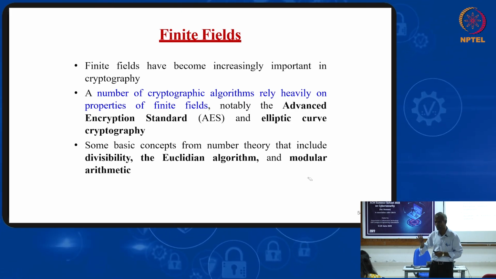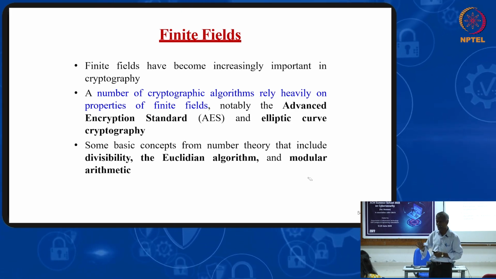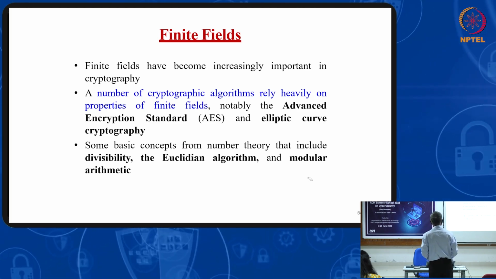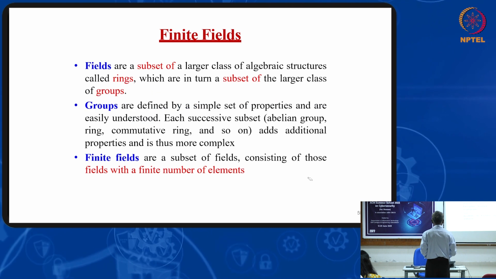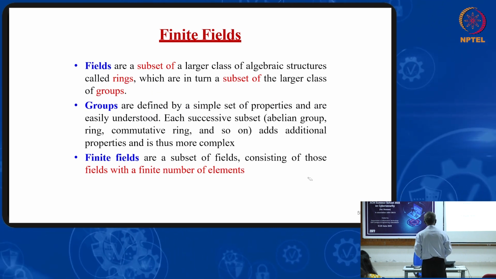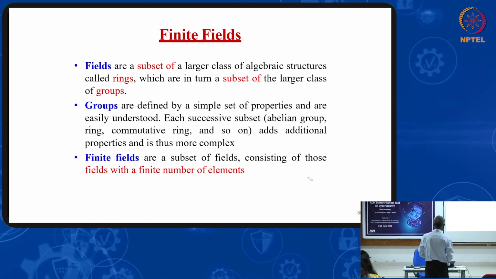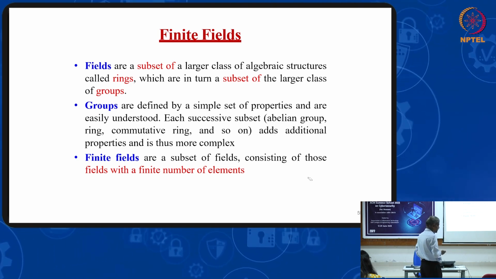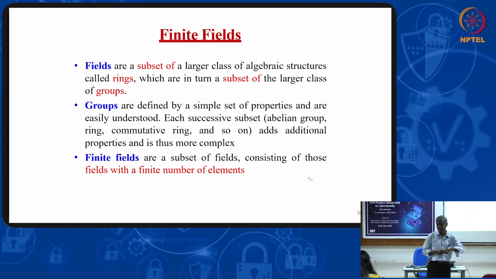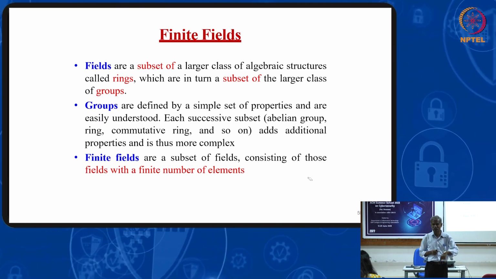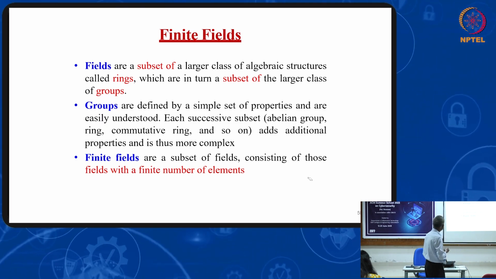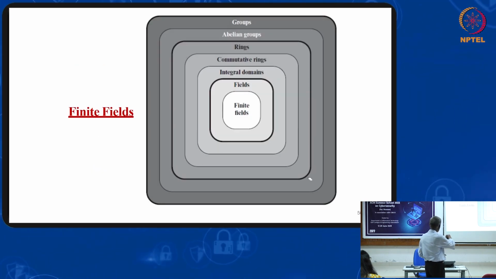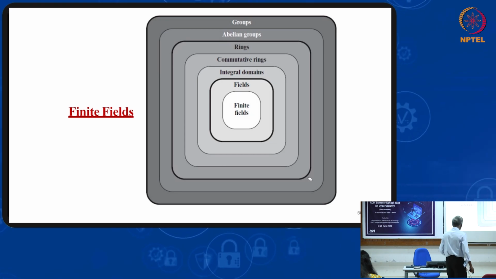These two algorithms both are using finite fields. So, a field is a subset of a ring, and that is a subset of a group. So we will start with group, then go to ring, then go to field. After that, finite field. You see the structure.